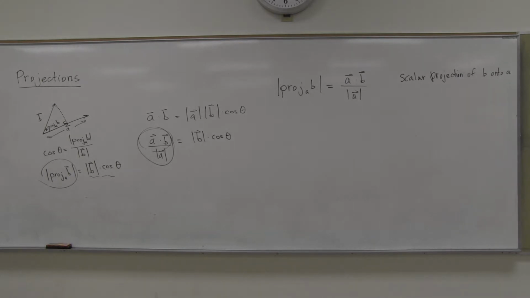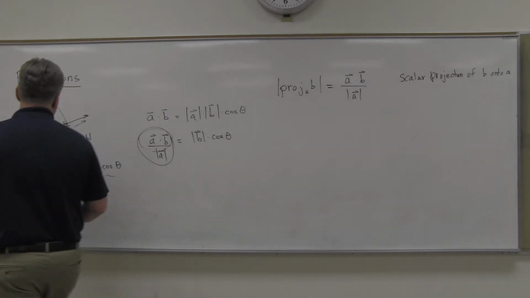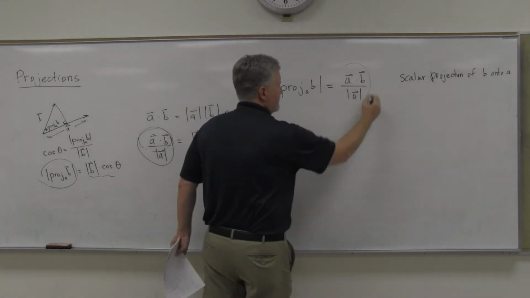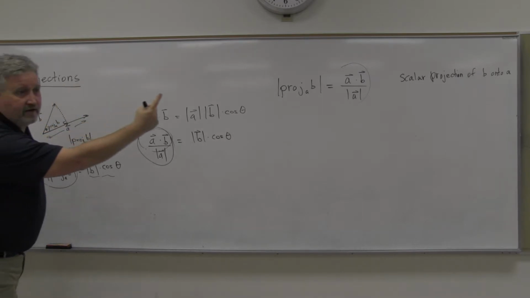All right, now if we actually want to get the vector for the projection of B onto A, to get an actual vector out of this, we've got this, which tells me how long it is. Now I just need the direction of this projection. The direction of this projection is the same direction as A, so all I have to do is take the unit vector of A and multiply it by that scalar amount.